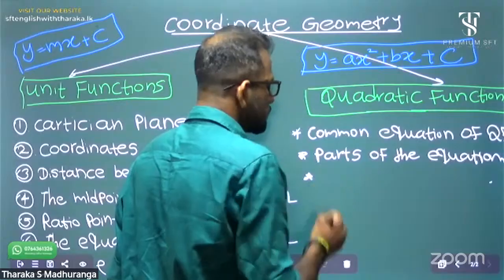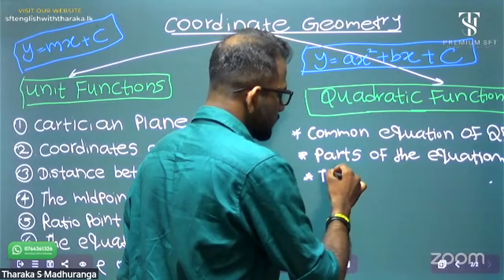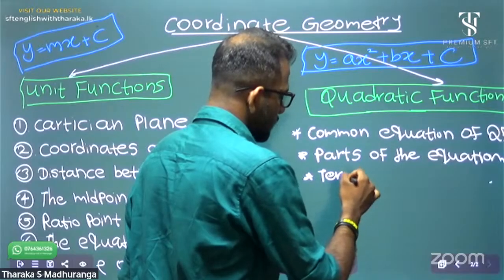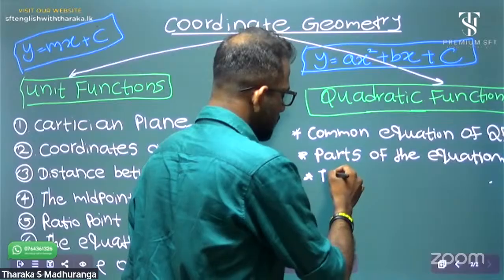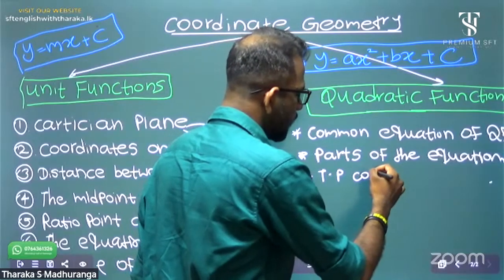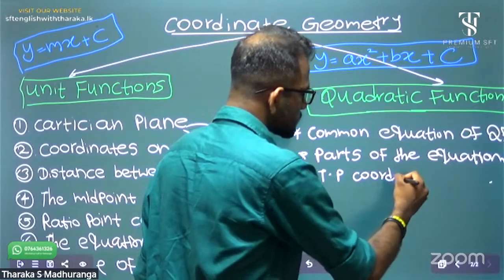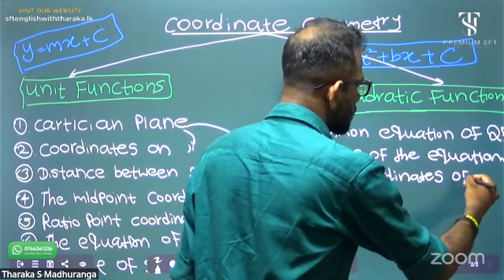Okay, third one, turning point coordinates. TP means turning point coordinates of quadratic function.